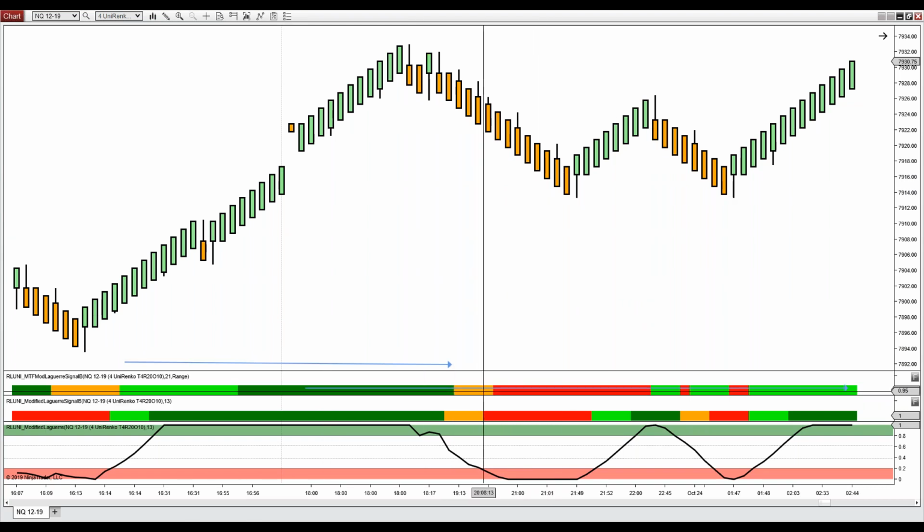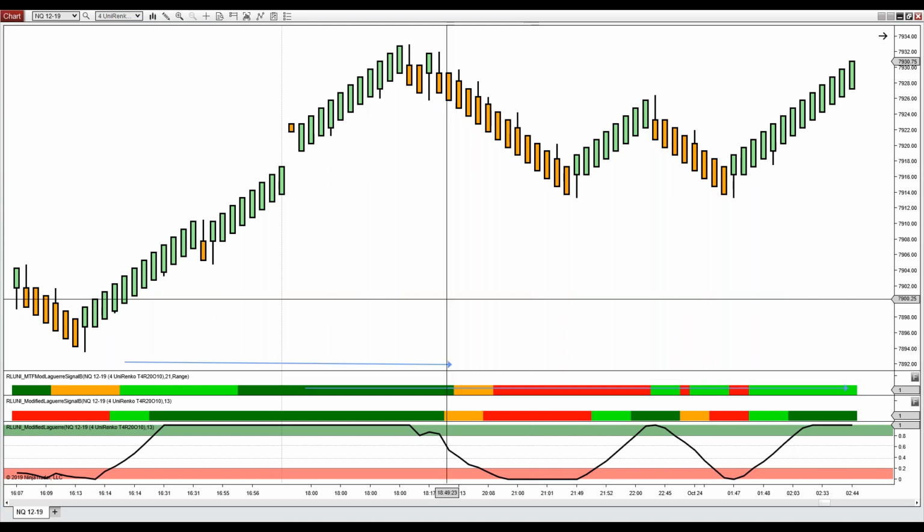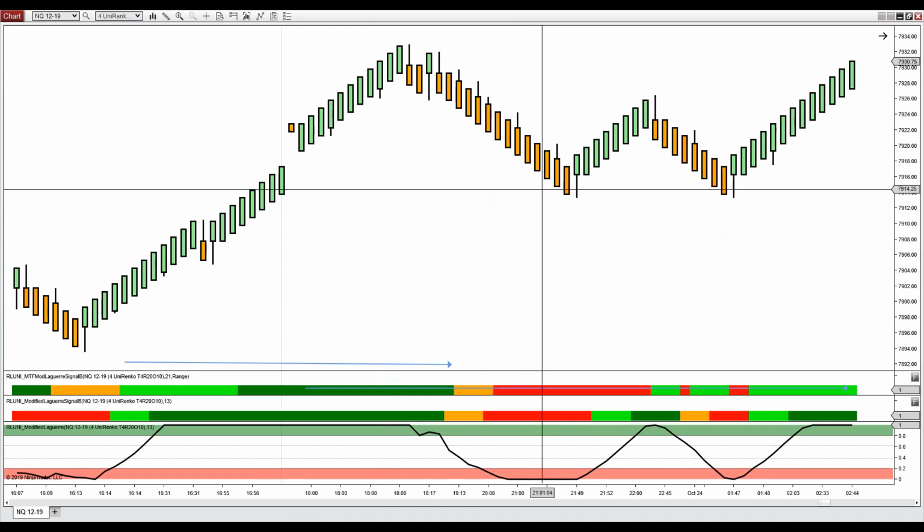This top line ignores price completely on the trading chart and is only looking at price on the 2 higher multiple Unirenko timeframes.